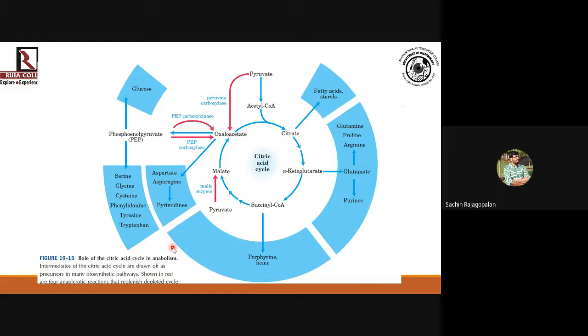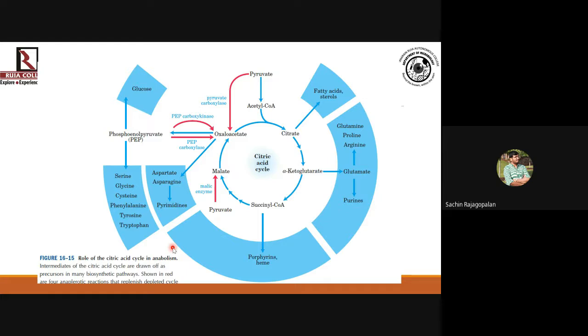Because from that, you can synthesize the other naturally occurring amino acids. Also from glutamate, you can start the synthesis of nitrogenous bases, especially purines. So glutamate acts as a precursor for purine biosynthesis also, which you will see in the next semester when you study the catabolism and anabolism of nitrogenous bases of nucleic acids.